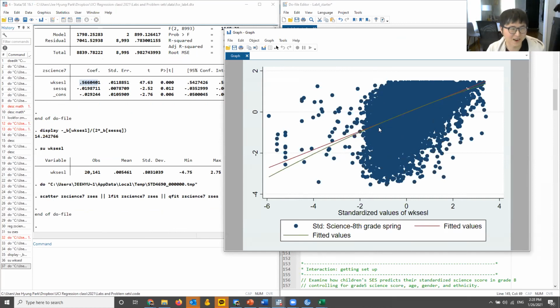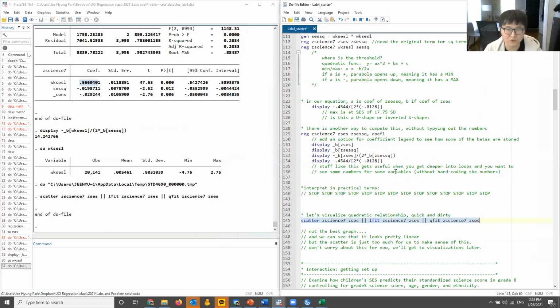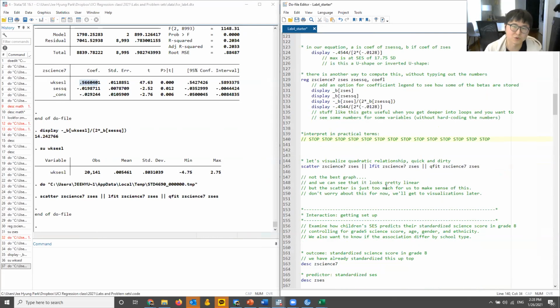This is not how you want to graph, but we will cover graphing better later. But you can kind of tell, as Amin had pointed out very early on, this is very much a linear relationship. You are not so confident about the relationship down here. And whether this linear relationship holds is not so clear from this scatter. Anyways, it's just to give you a sense of this. You don't have to do this for the problem set, just giving you some basic graphing tools, and we'll get further into graphing tools later. Okay.